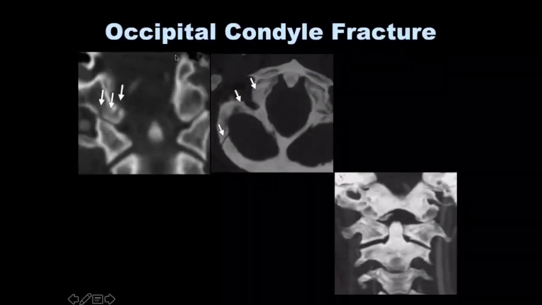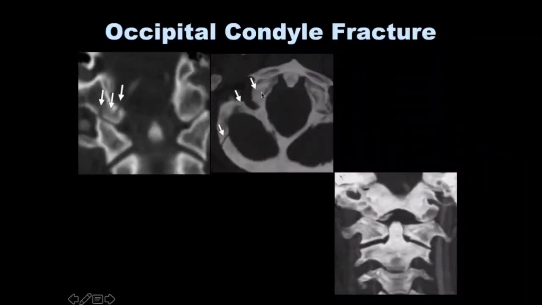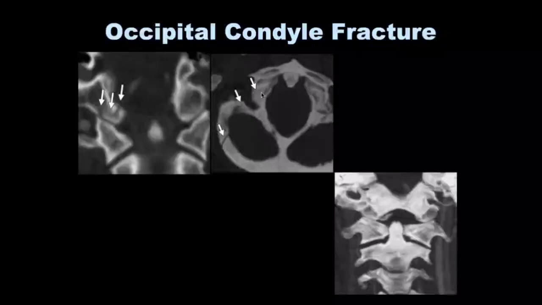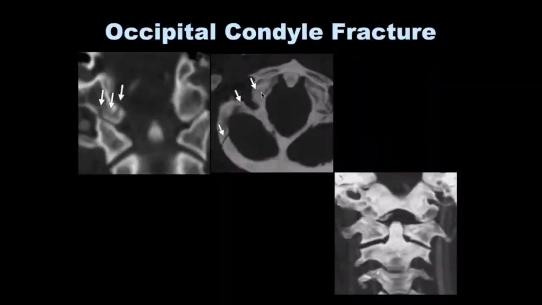So I'm going to go through a few fractures. This is an occipital condyle fracture. When you're looking at the CT of the brain, it's important to look for a base of skull fracture. In this particular case, there's a fracture of the occipital bone, which is extending into the occipital condyles. So when you're looking at a C-spine, make sure that you look at the base of the skull as well. And when looking at a CT brain, if it's a trauma brain, always look at what's happening to the odontoid peg, the occipital condyles, and other structures that you can see.